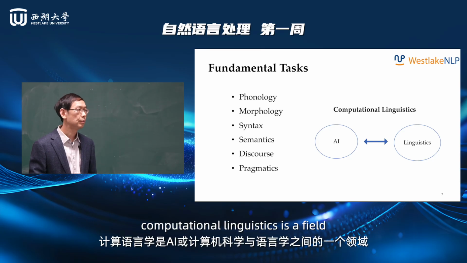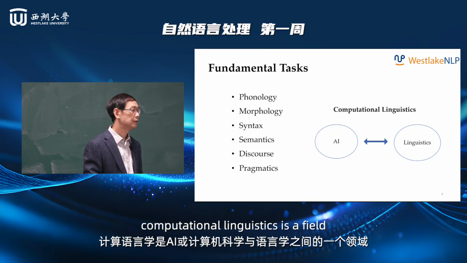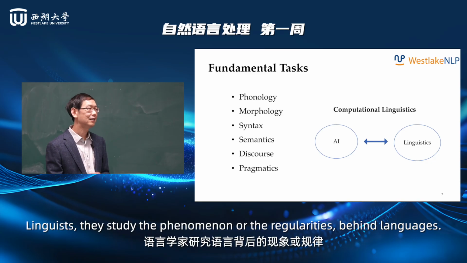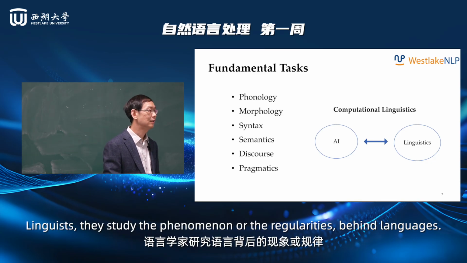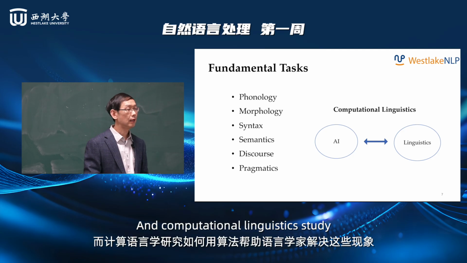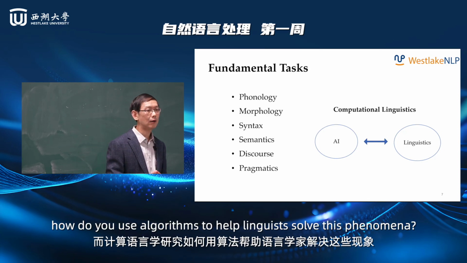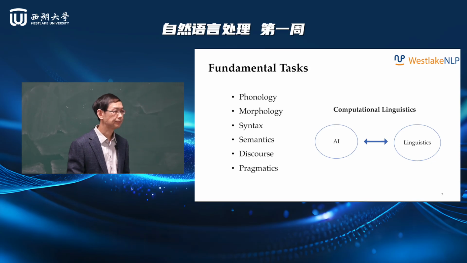Okay, so computational linguistics is a field in between AI or computer science and linguistics. So linguists, they study the phenomena or the regularities behind languages. Okay, and computational linguistics study how do you use algorithms to help linguists solve this phenomena.